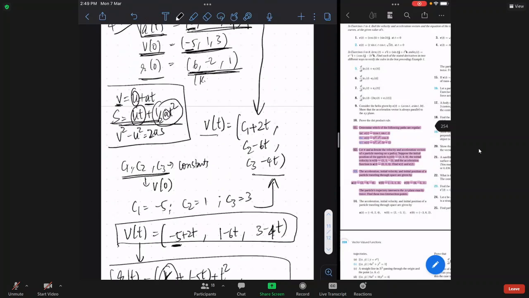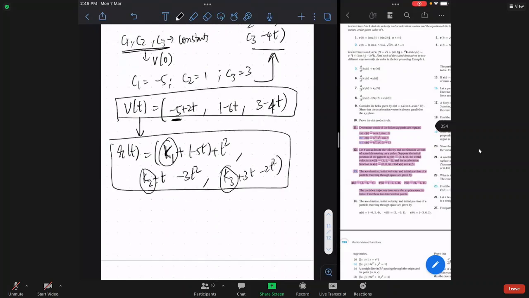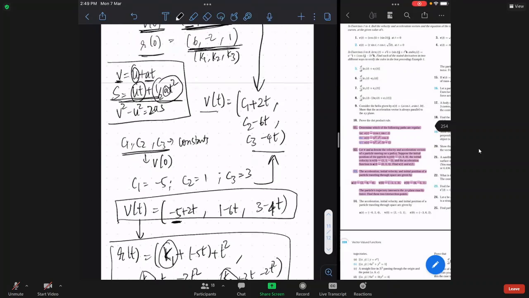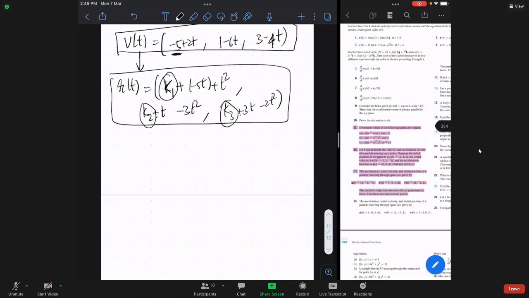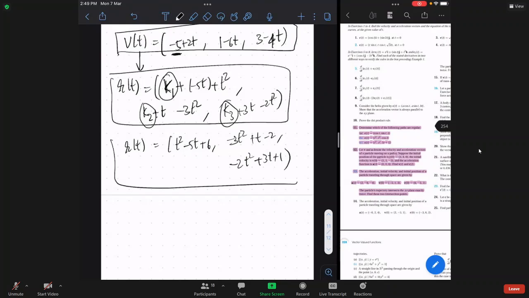These are k1, k2, k3, and this is c1, c2, c3. So k1 is 6, k2 is minus 2, k3 is 1. Substituting these values, I get my r of t as t square minus 5t plus 6, minus 3t square plus t minus 2, minus 2t square plus 3t plus 1. This is my final r of t equation.